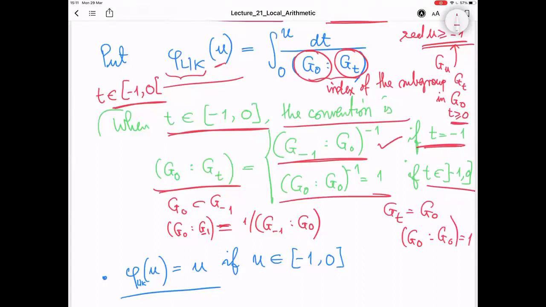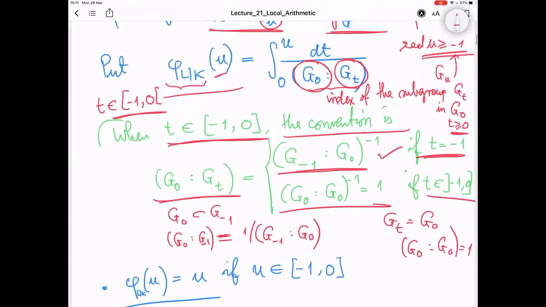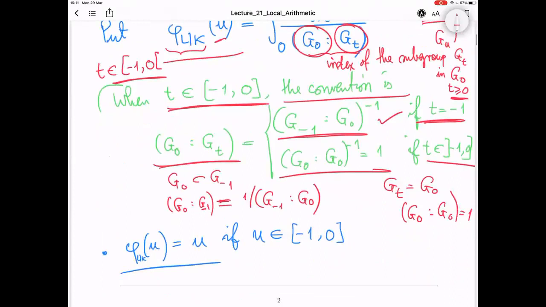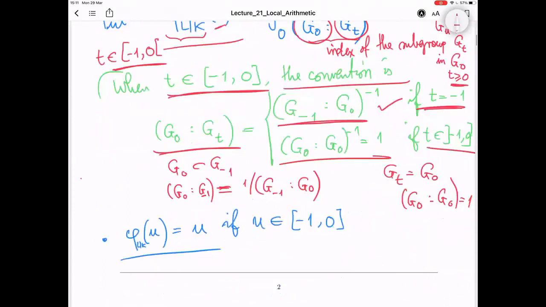It's not even a question of any convention. But the point is that the thing to remember is that phi L over K of U is defined as the integral from 0 to U of dt over the index in G0 of G_T.